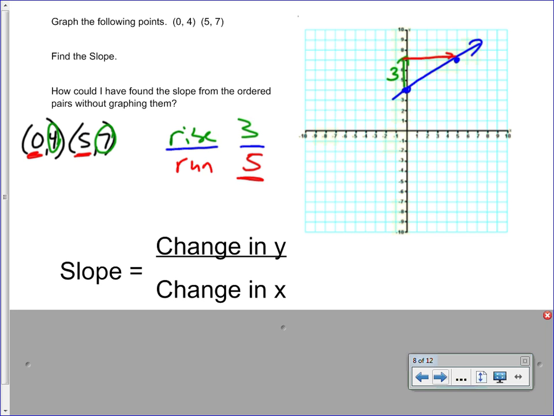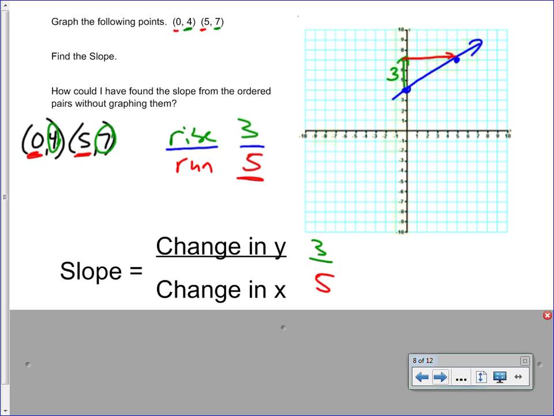Slope is the change in the y's compared to the change in the x's. So if I just look at, from a 4 to a 7, I go up 3. From a 0 to a 5, I go up 5. So my slope would be 3/5.